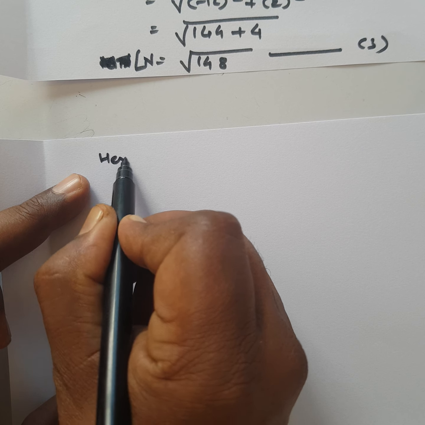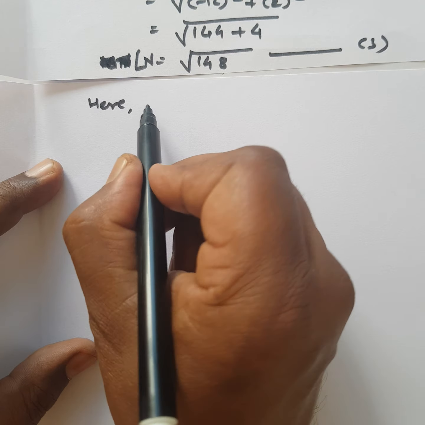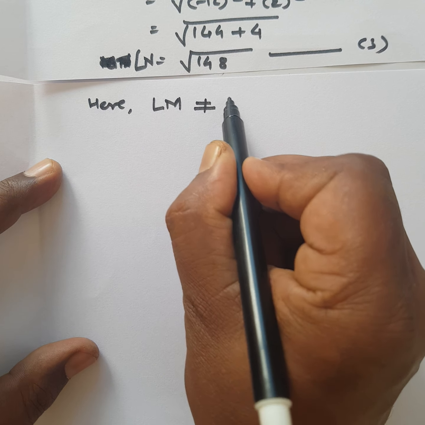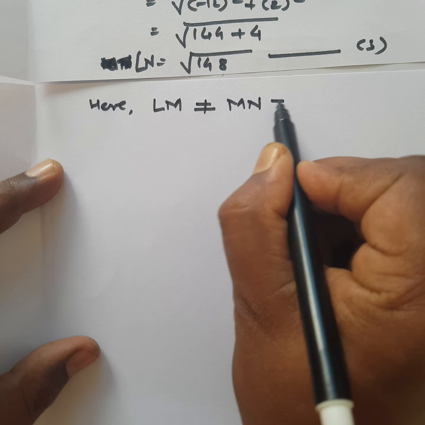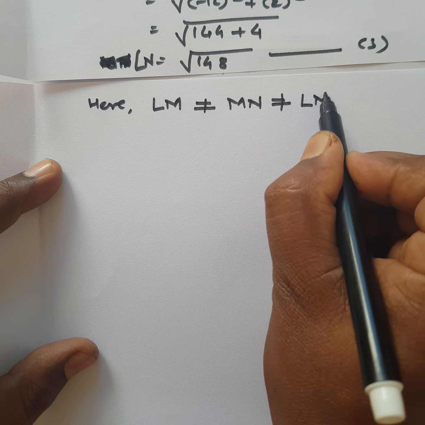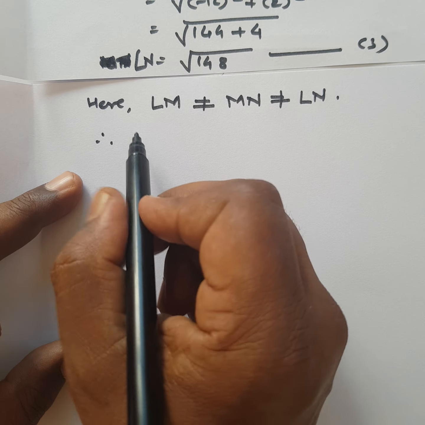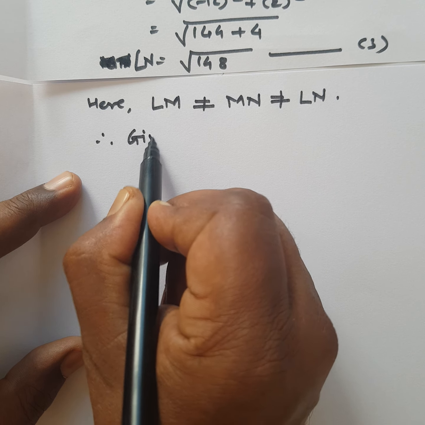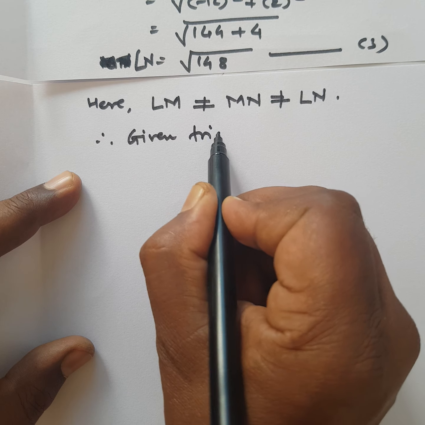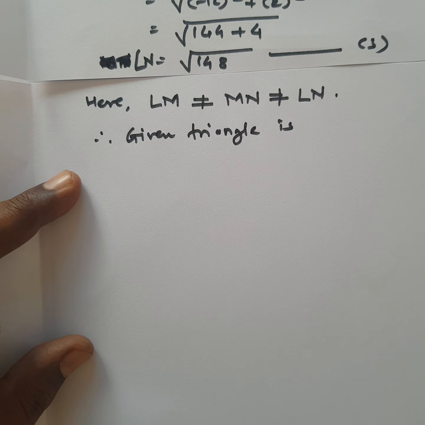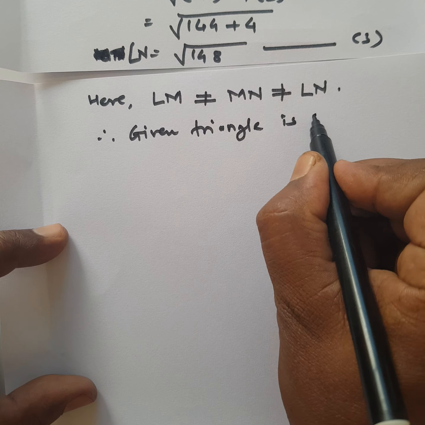Here LM is not equal to MN is not equal to LN. All sides are of different length, therefore the given triangle is a scalene triangle.